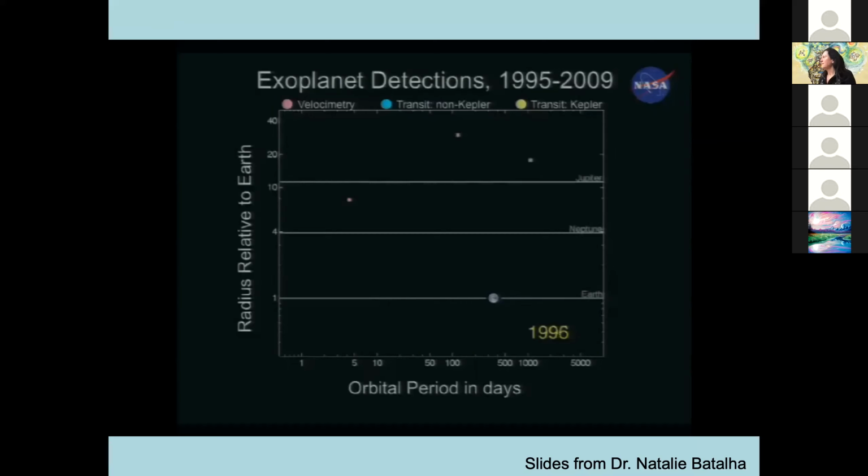Then in 1996 we started to have more. Here you can also see, for example, yeah, the quality is not great, but yellow is transit Kepler, so of course there is no Kepler yet, so you don't see that. Then velocimetry or transit non-Kepler. So this is the radial velocity and this is the transit method. Mainly at the beginning it is mostly radial velocity, and then some transits started in 98, 99.